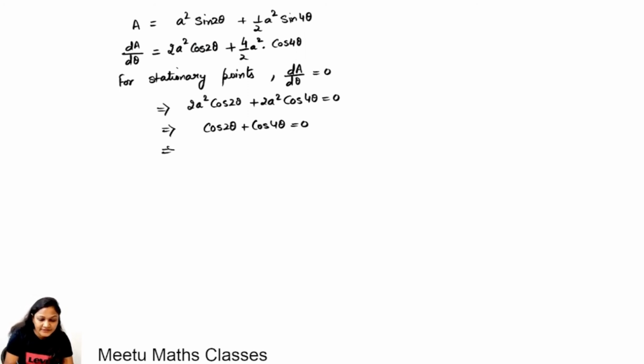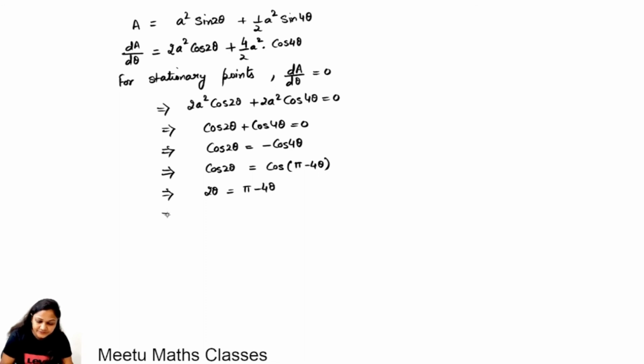Now solving this equation, we can write cos 2 theta is equal to minus cos 4 theta, and cos is negative in the second quadrant. So we can rewrite minus cos 4 theta as cos of pi minus 4 theta. And this implies that 2 theta will be equal to pi minus 4 theta, which gives 6 theta is equal to pi, and theta is equal to pi by 6.